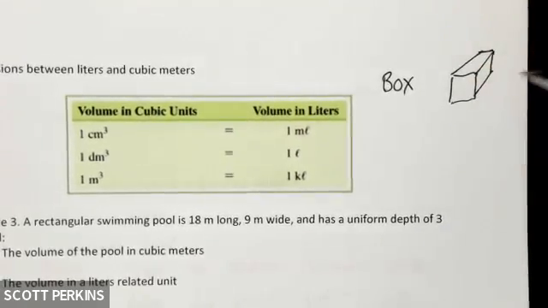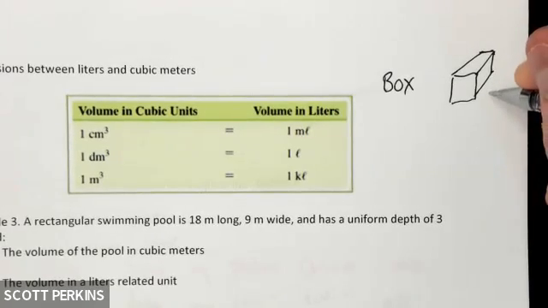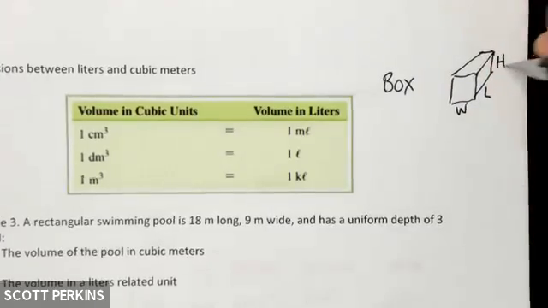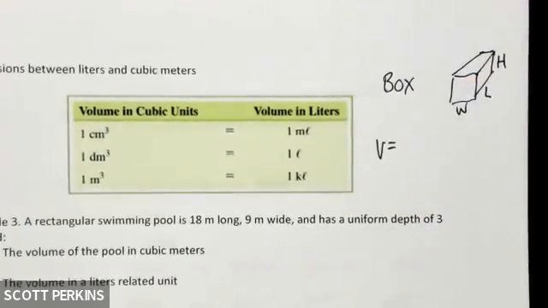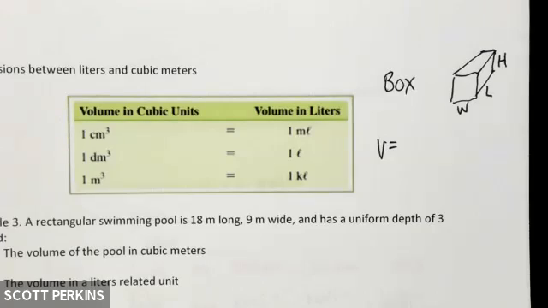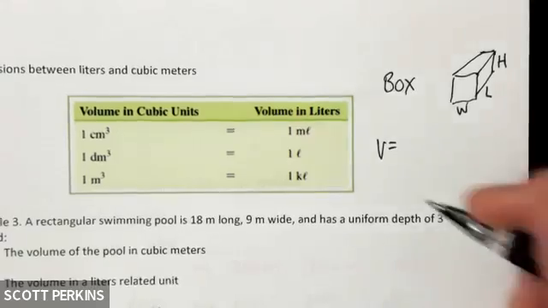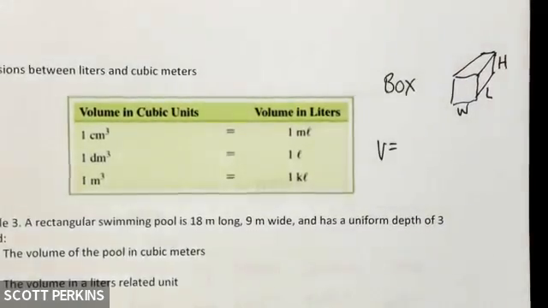And so the dimensions of a box, we've got our length, L, we've got our width, W, we've got our height, H. Does anyone remember how you find the volume of a box? How do you find how much can fit in there? Anybody remember that? Yeah, so if you don't know the volume of a box, well, here it is.